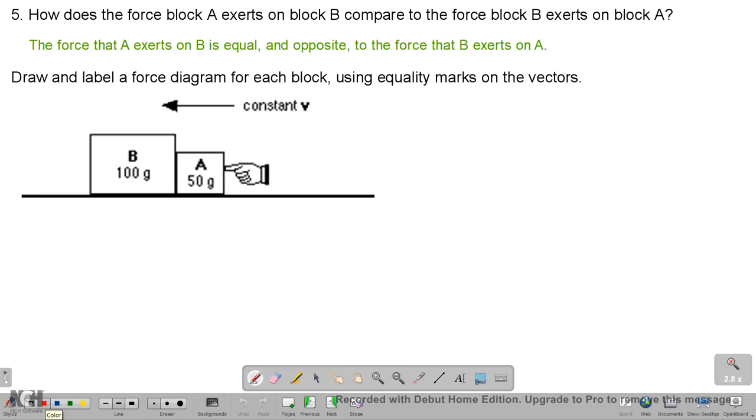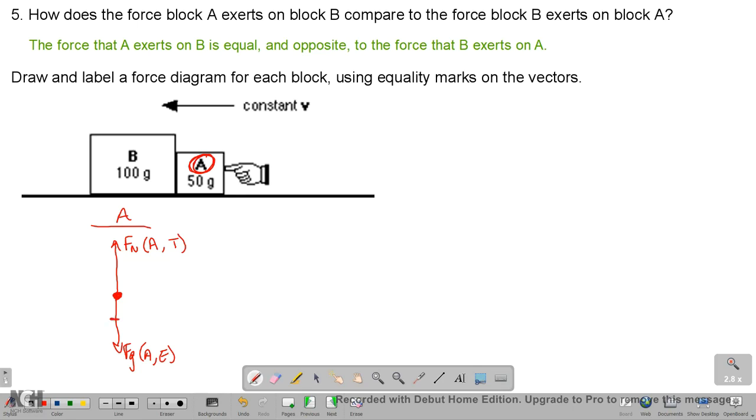We'll do object A right here. Okay, so let's start with the forces that we know for sure, which would be the force due to gravity on block A by the Earth, and then the normal force that's on block A by the table. And just sometimes people get confused because A isn't on the left here, but we are doing this force diagram first.